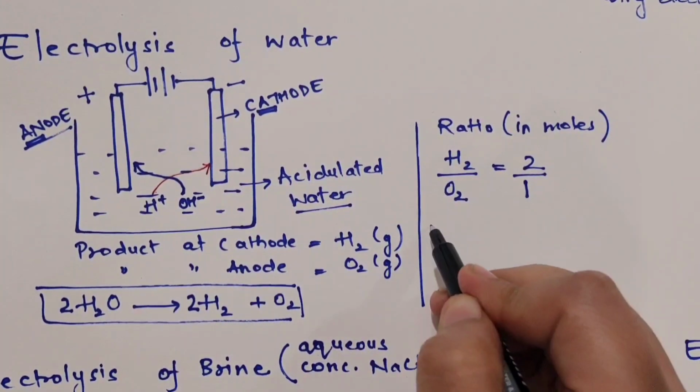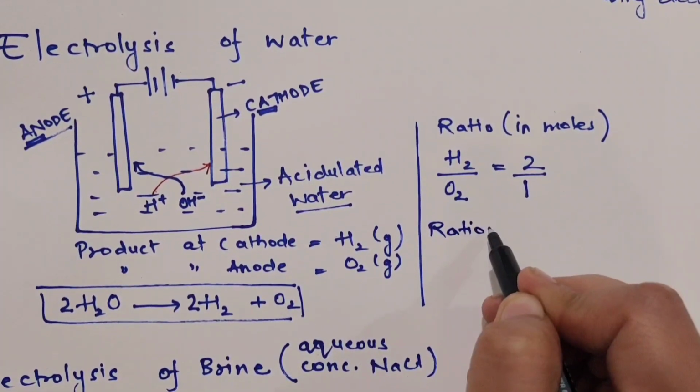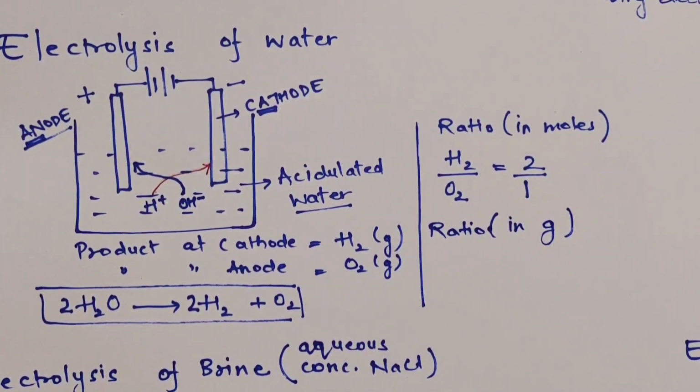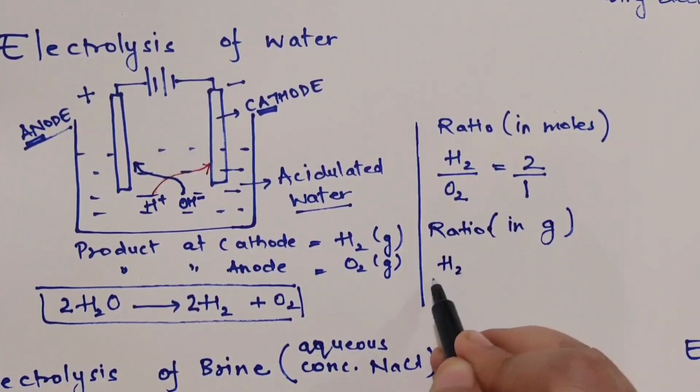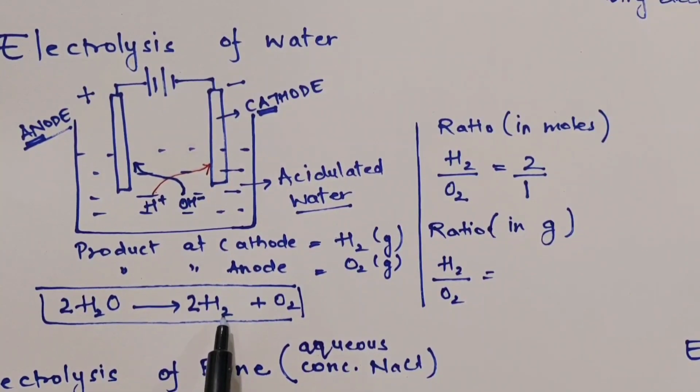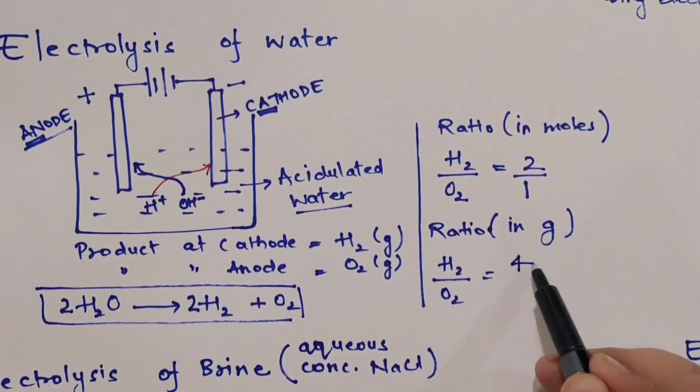But if the ratio is asked in grams, then what would you write? See, 2 molecules of hydrogen are produced. Now, atomic mass of hydrogen is 1. H2 became 2. And now because we have 2 molecules of that, 2 times 2 would be 4.